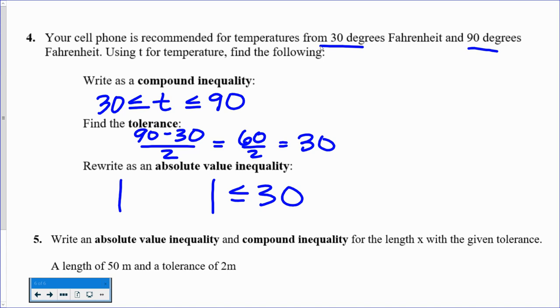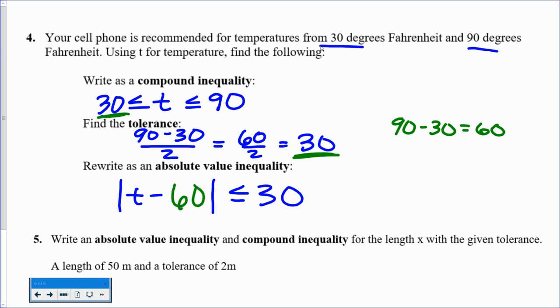Now it doesn't say the desired temperature above, so this time we'll have to figure it out. There are a couple different ways you could figure this out. You can use your tolerance. I know how far off I can be from 90. So if I go 30 degrees below 90, that would be 60. So that should be my desired temperature.